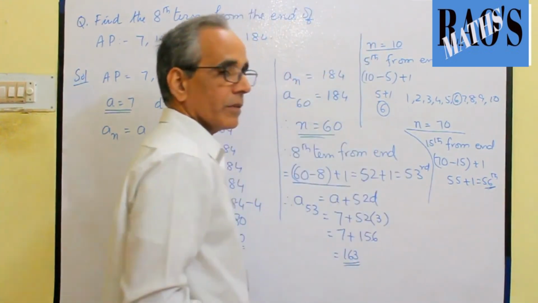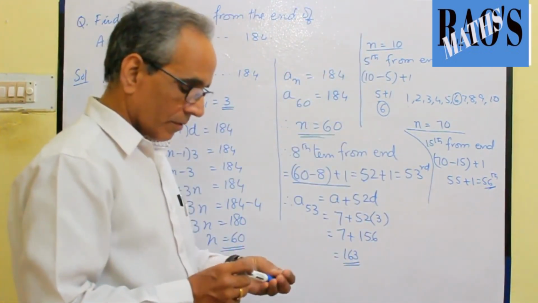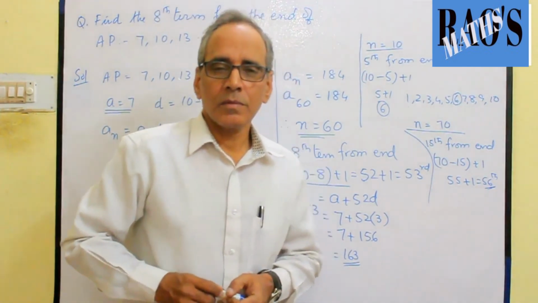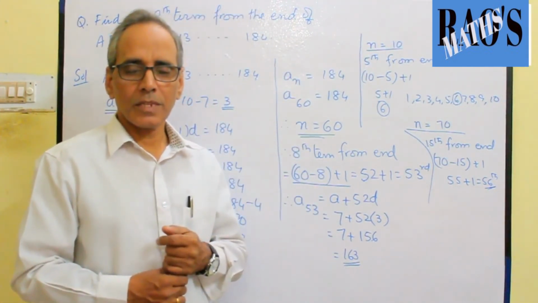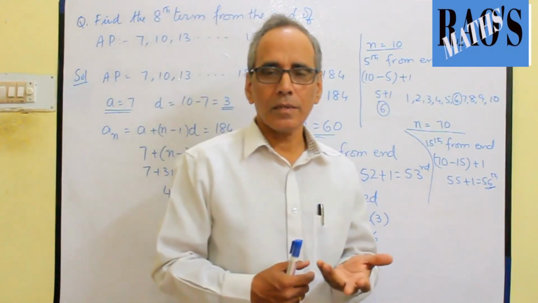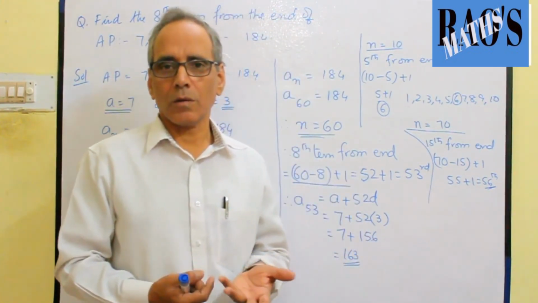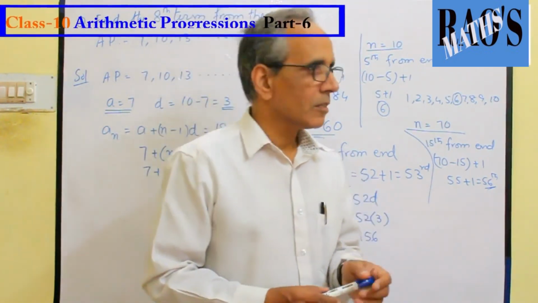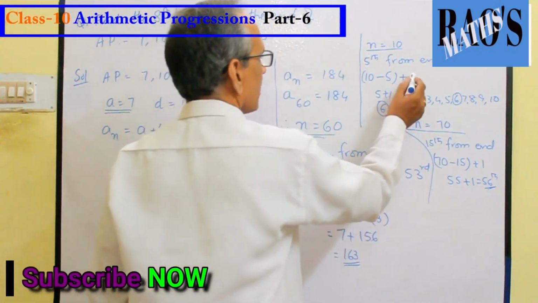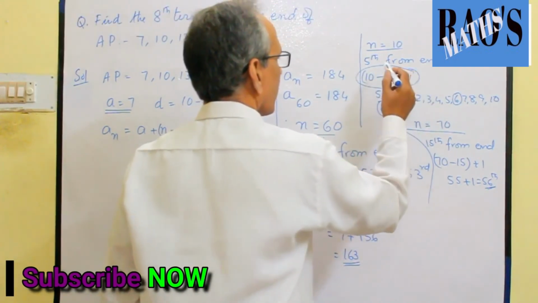Here students often make a mistake. If there are 100 terms and they ask for the 10th term from the end, students subtract 10 from 100 and get the 90th term. No, the 91st term is the 10th term from the end. So be careful in calculating the required term from the end.